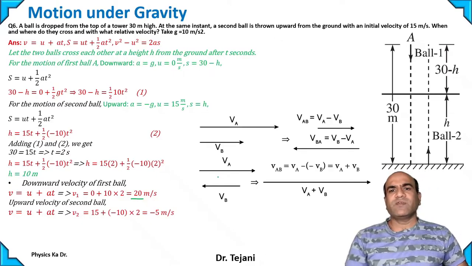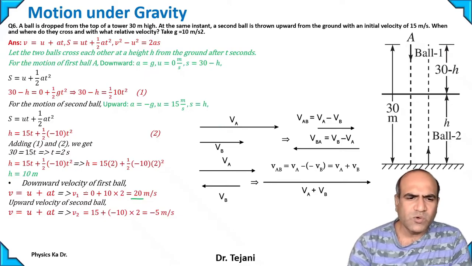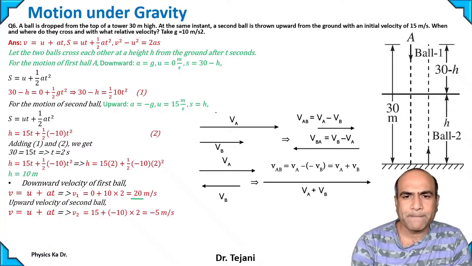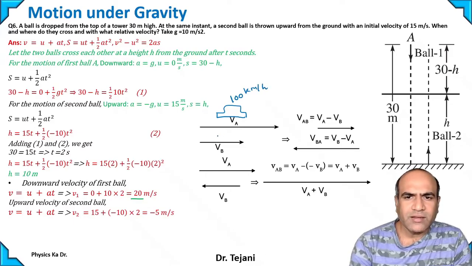So let us first understand what relative velocity is. Suppose you drive a car, or you are in a car A, and your velocity is v, say for example 100 kilometer per hour. And another car is somewhere nearby, a small car running at 60 kilometer per hour.